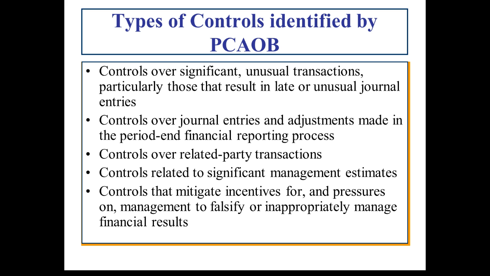Controls related to significant management estimates. What do you think we're talking about here as far as management estimates? Anyone have a clue? What about allowance for doubtful accounts? What's the likelihood that management wants to make it look better than it really is, right?